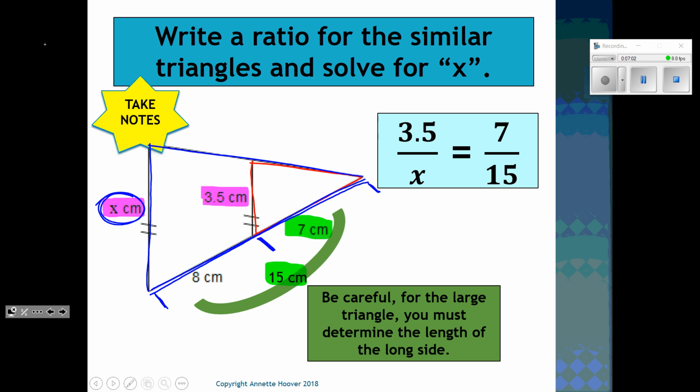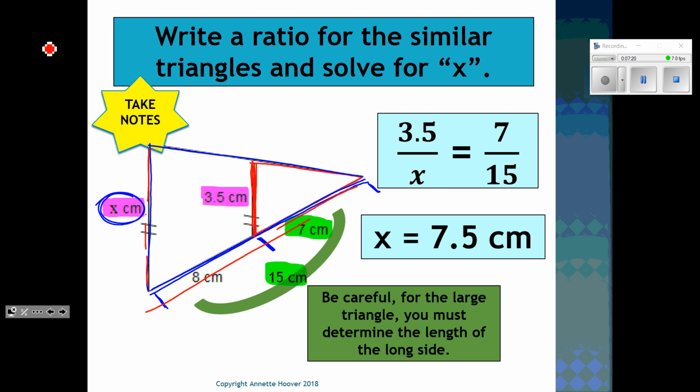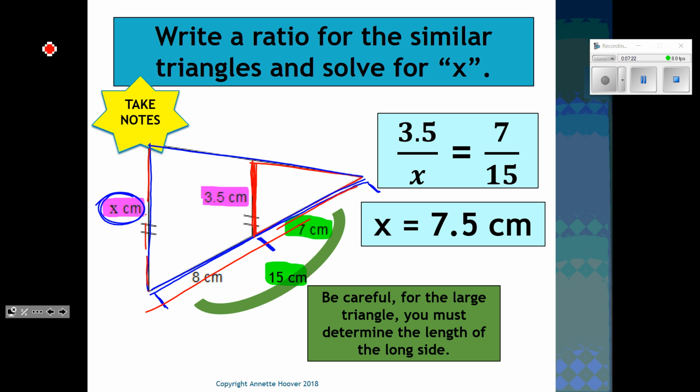So when we set up our ratio, I actually set that one up from the base of the small triangle to the base of the larger one. And then the side of the smaller one to the side of the longer one. When we do our butterfly wings and we multiply 3.5 times 15, and then we divide by 7, we get 7.5 centimeters.